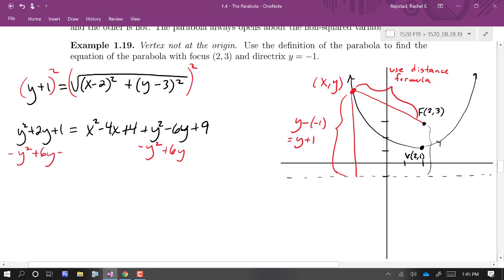And then I'll subtract 1. I'll get the constants on the other side too. So on the left side we have 8y. And then we have x squared minus 4x plus 12, since 13 minus 1 is 12. And then we just divide by 8 or multiply by 1/8.